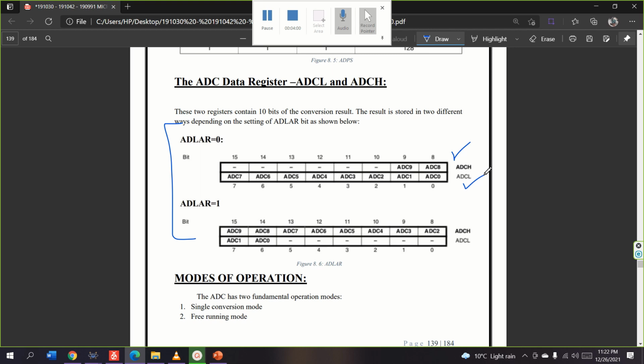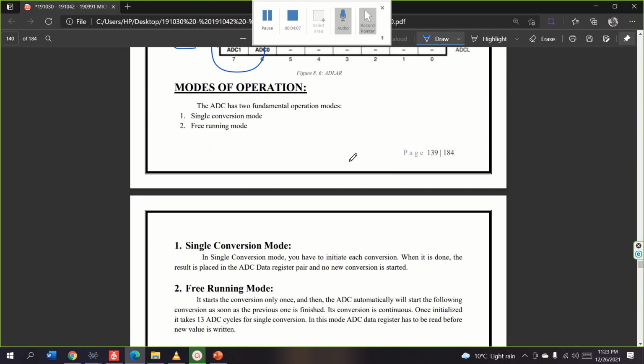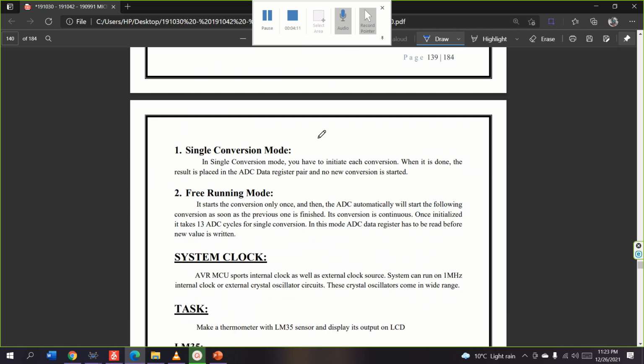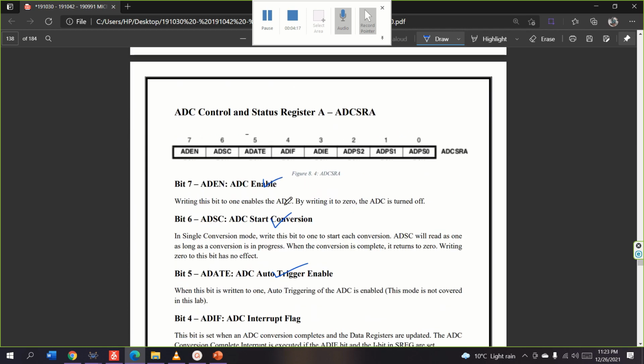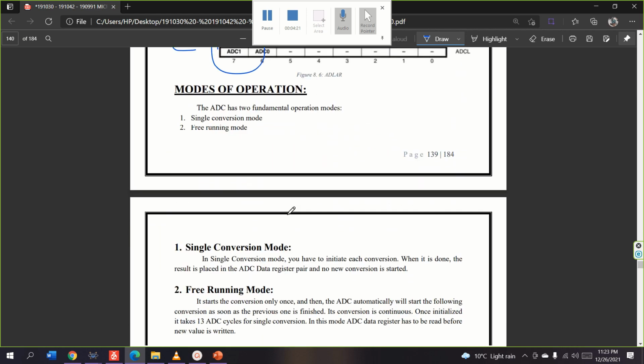If I apply the left shift, the bits transfer like that. There are two modes of operation in the ADC, single conversion mode and free running mode. If I have not enabled the start conversion, then it runs in free running mode.